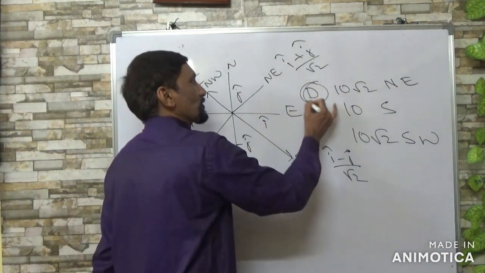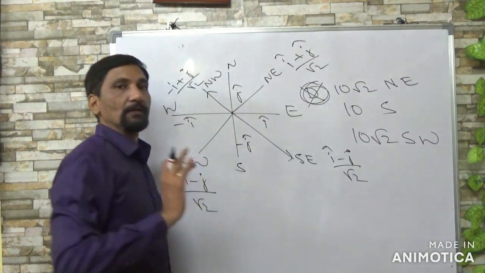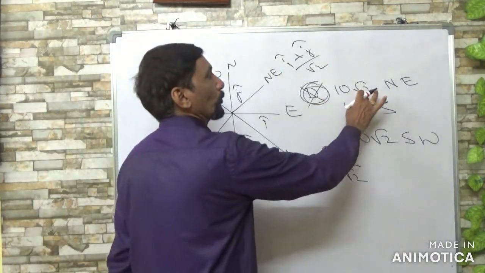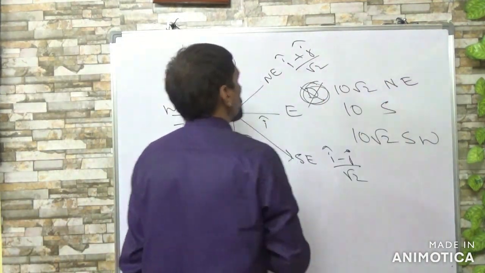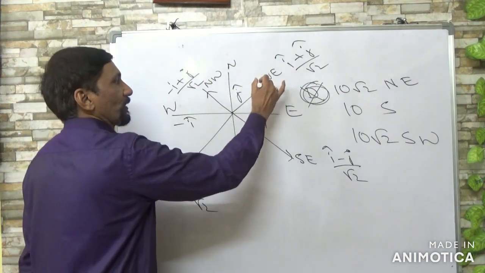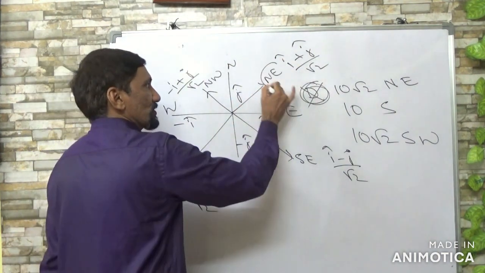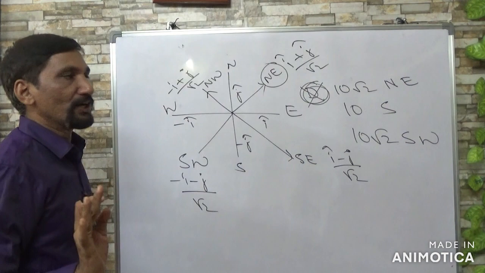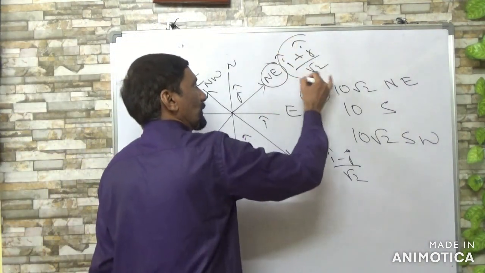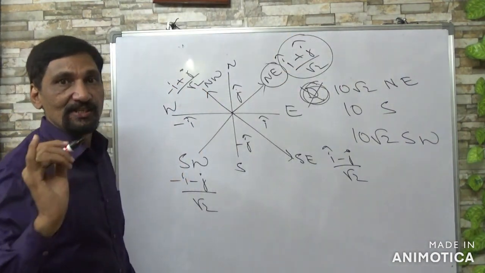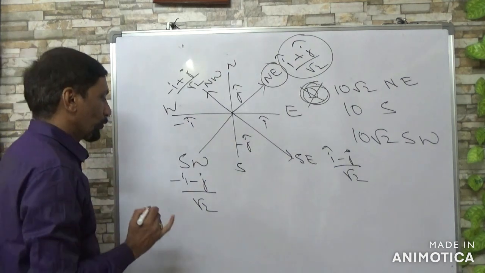So a drunkard started from a point and covered 10 root 2 units towards northeast. I said whenever a body covers distance in the northeast direction, it must be a multiple of i plus j by root 2.